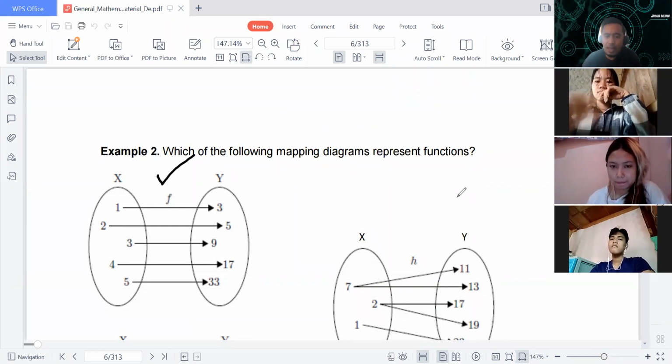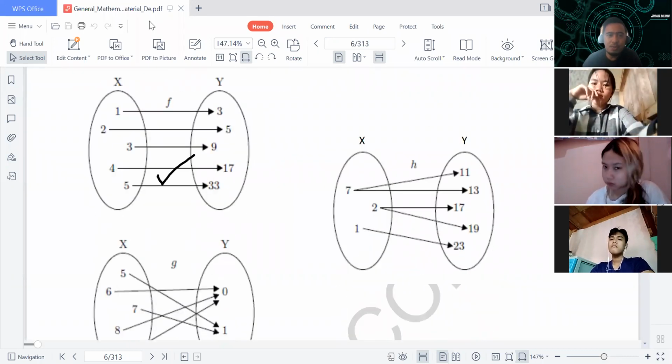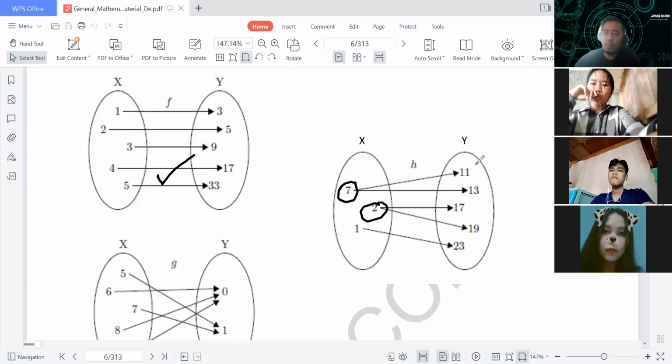Now, the next one. Is it a function? No, sir. Why is it not a function? See? 7 is assigned to 11 at the same time assigned to 13, and 2 is assigned to 17 at the same time assigned to 19.